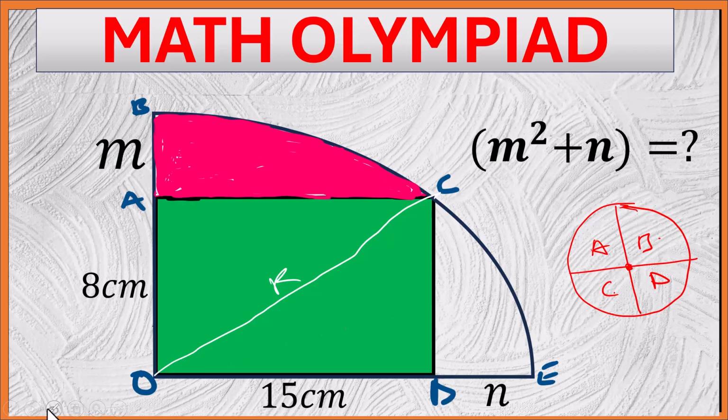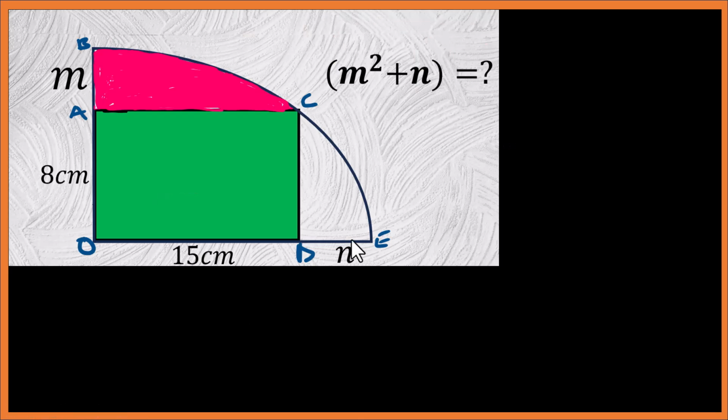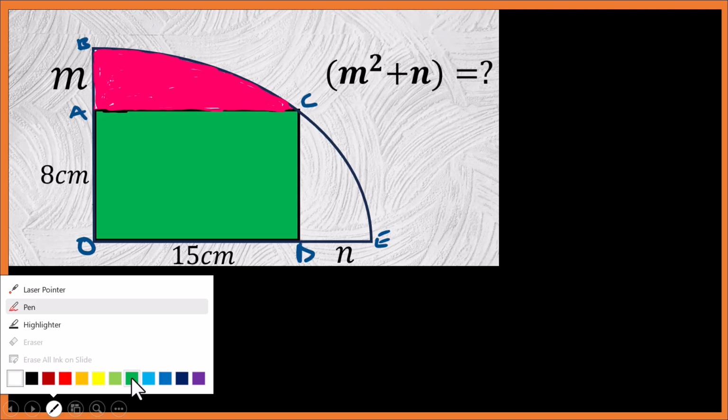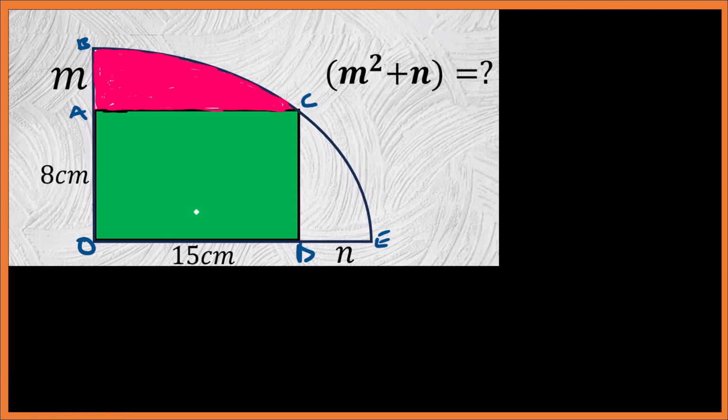Now let's see how we can find the value of M squared plus N. Let's observe OACD. What do you see over there?